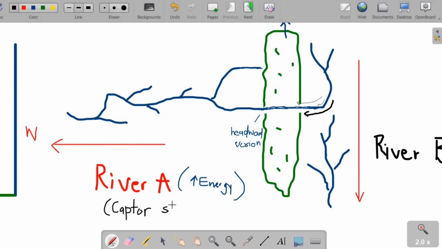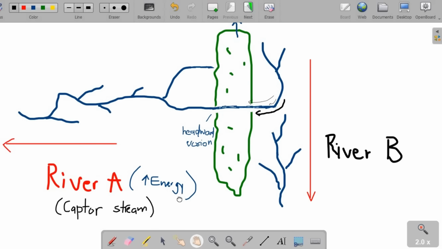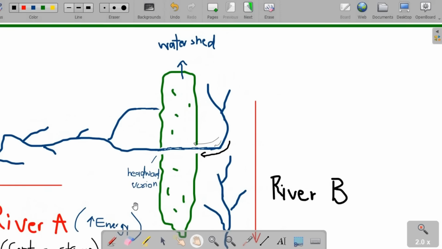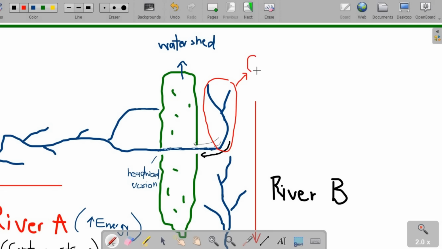River A is the capture stream, and this part of river B that was stolen is the captured stream.